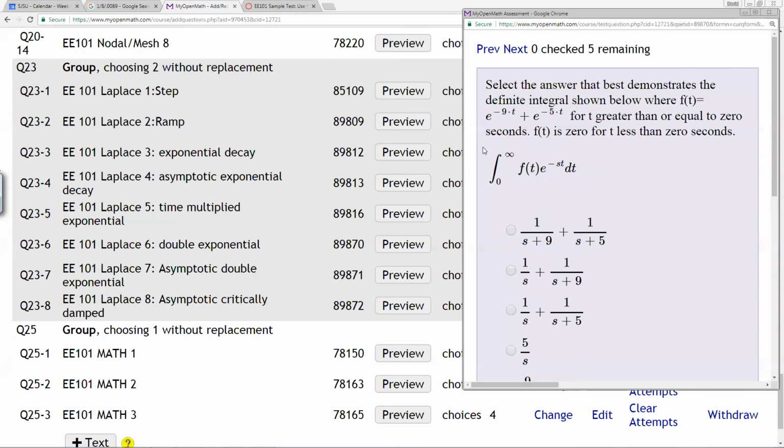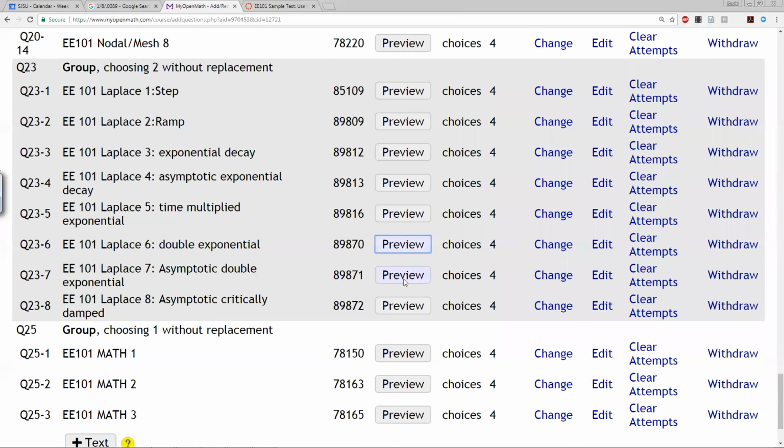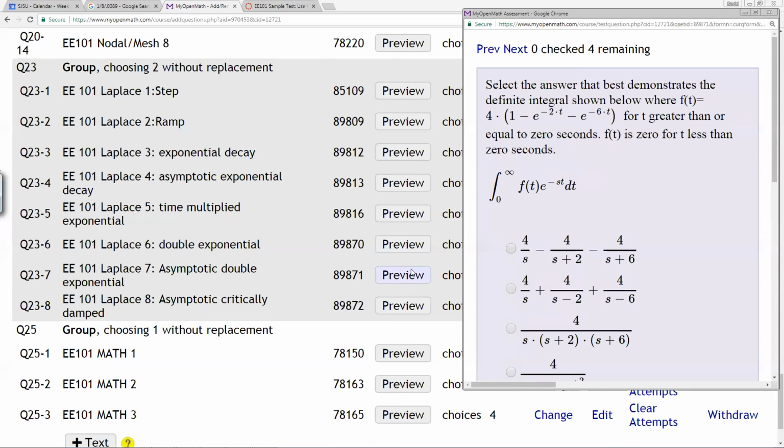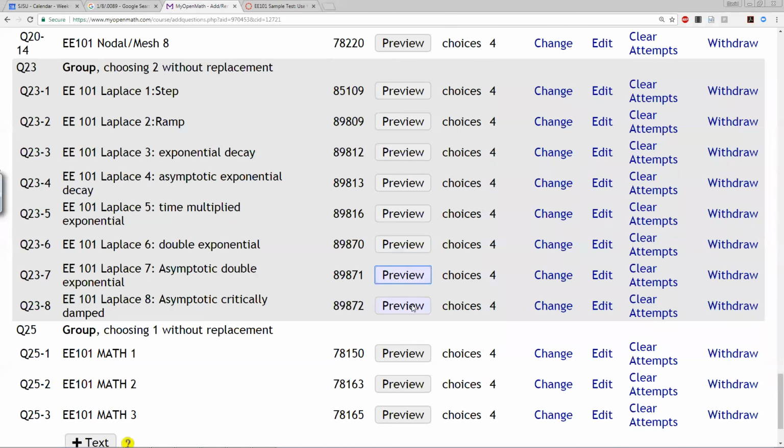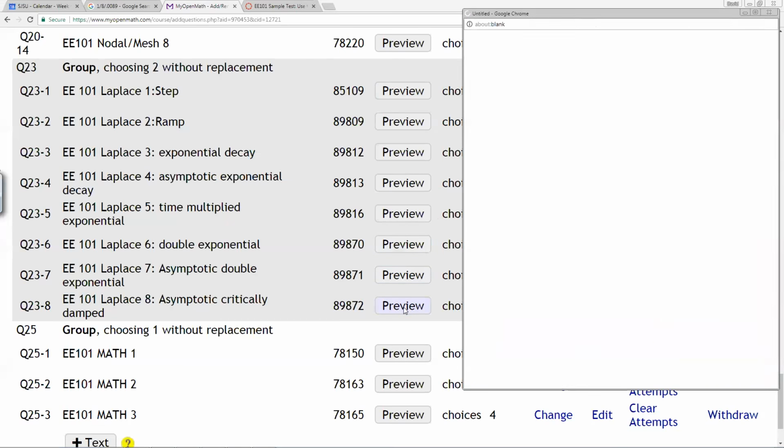Double exponential. Well, you just take the Laplace of this one plus the Laplace of that one because it's a linear operation. Asymptotic double. So you just break it up. Here's the constant. You do the Laplace transform of that, the Laplace transform of that one, and the Laplace transform of that one. You just sum them up. And asymptotically critically damped.